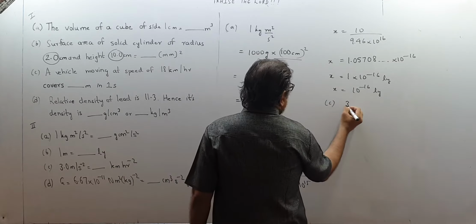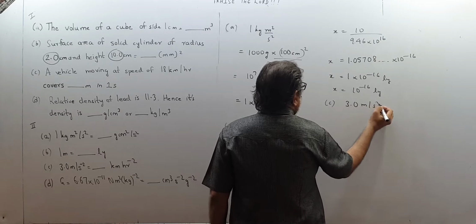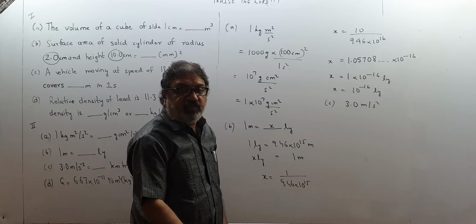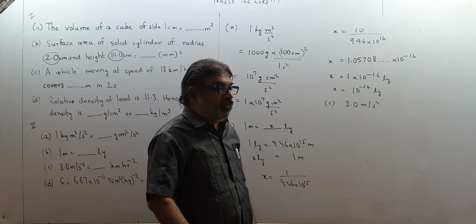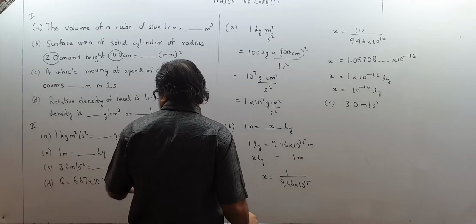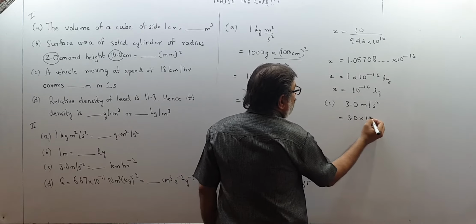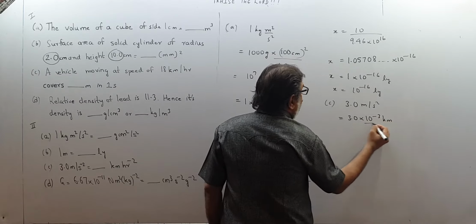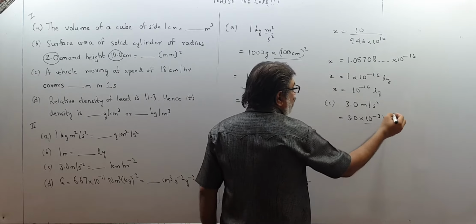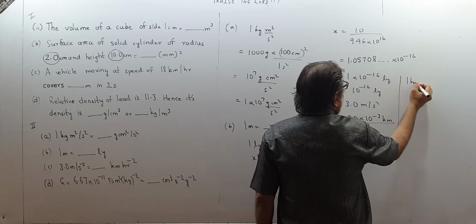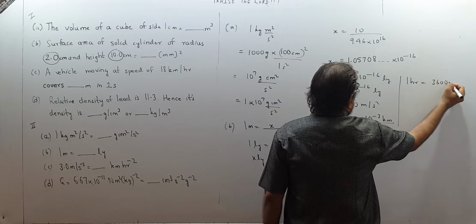Understand 3.0 meter per second square. Two significant digits and a precision up to 1 decimal point. We want it in terms of kilometer per hour square. So this is 3.0. 1 meter means 10 raised to minus 3 kilometer. And 1 second means, see I'll write over here. 1 hour is 3600 seconds.